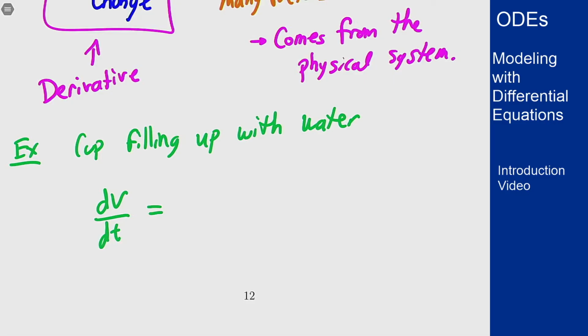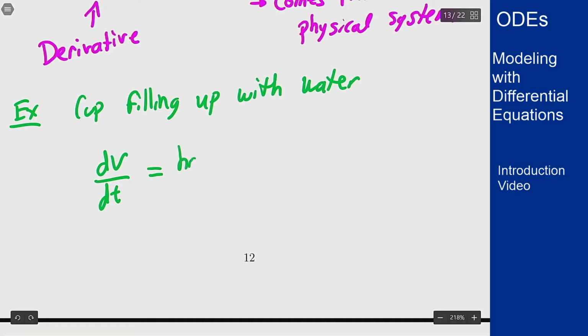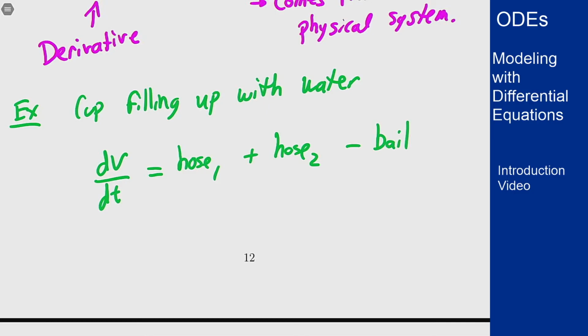So for instance, if there are two different hoses putting water in at a certain rate, I would then have, say, hose 1 plus hose 2. And if you had someone trying to bail water out of it for some reason, that would be a negative factor. It's pulling away water at a certain rate. So that becomes how much someone's bailing out the water. And combining those together gives me the overall rate of change, which I can then solve to figure out how this volume changes over time.